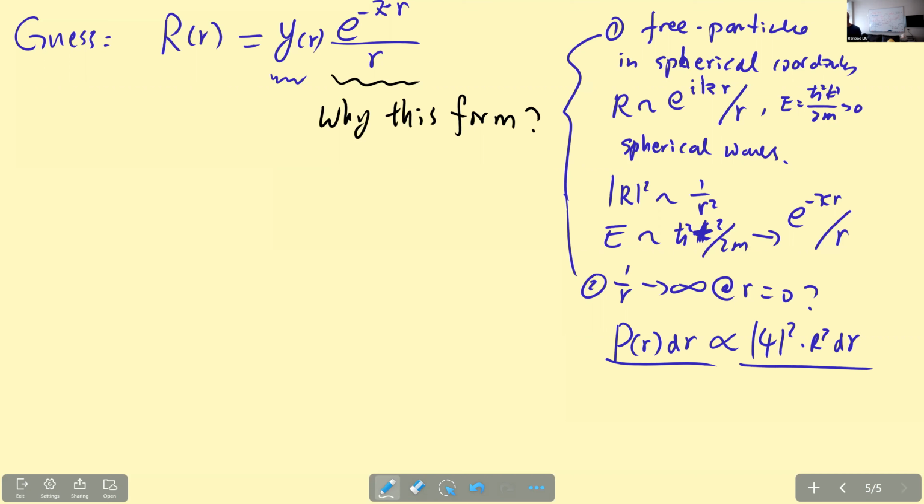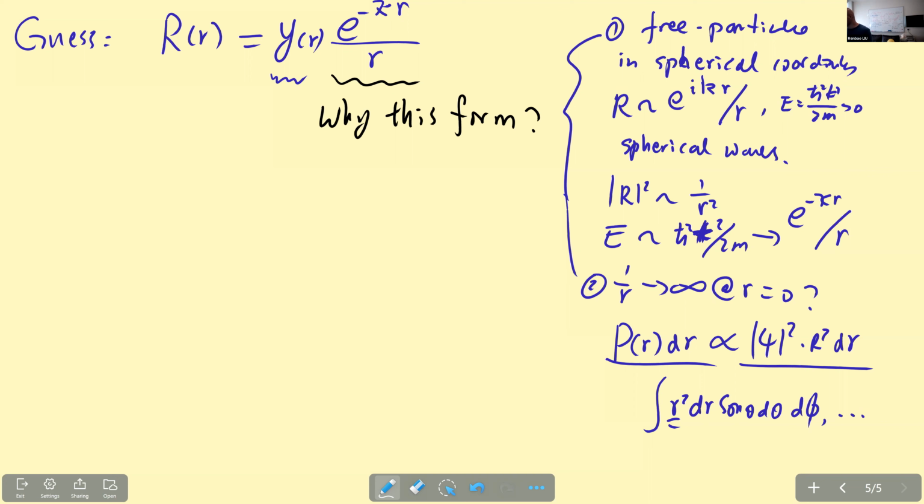Because if we do the three-dimensional integration, it's r squared dr sin theta d theta d phi, right? So because of this r squared, we are allowed to have this 1 over r. Okay, so that's why we can have a function like this one.